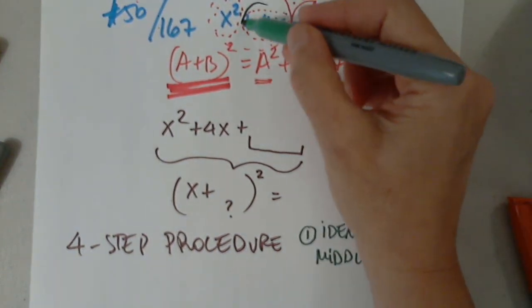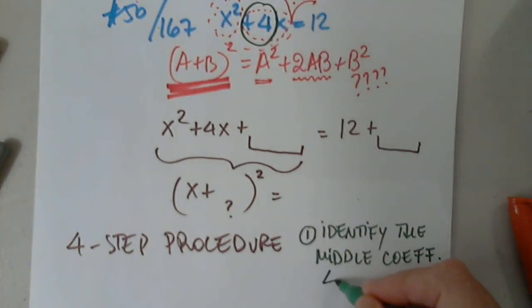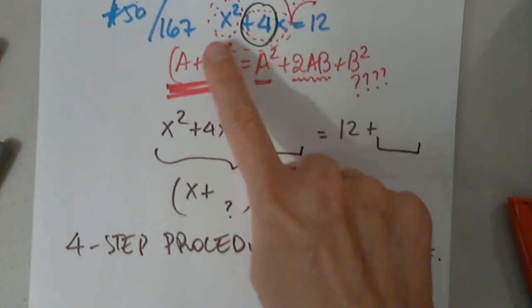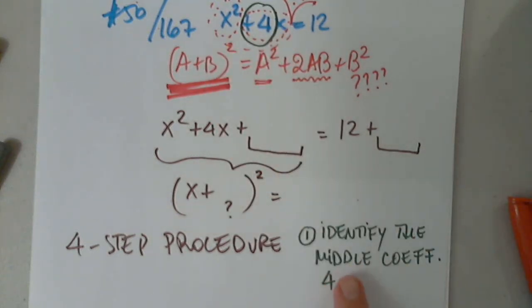Okay, fine, I identified it. It's positive 4. Careful, because this expression has to be in descending order. If it's not in descending order, I will make a mistake on identifying the middle coefficient.